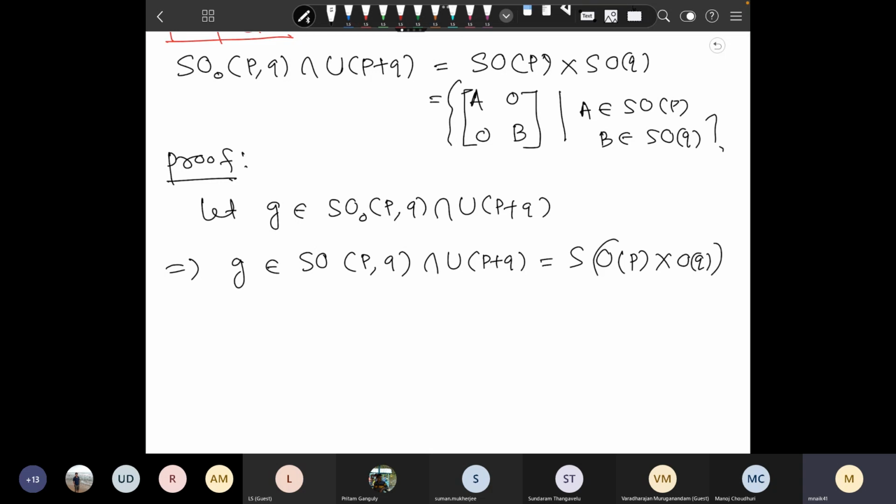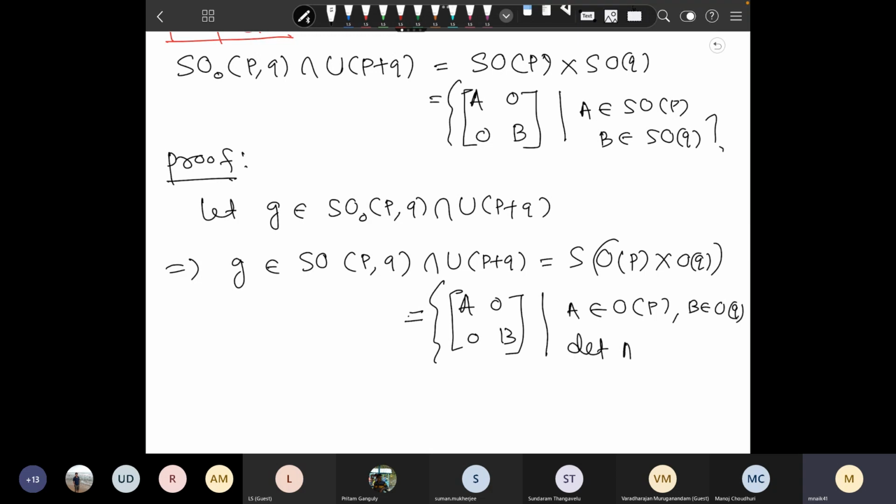What was the definition of this? This is A 0, 0 B, so that A belongs to OP, B belongs to OQ, and the determinant of A times the determinant of B is equal to 1.